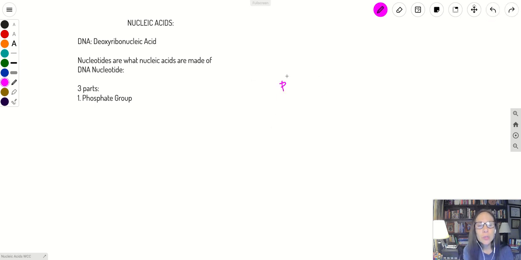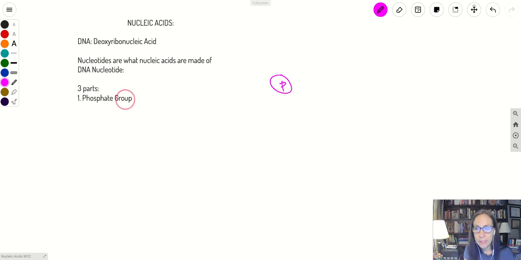But just so you know, this phosphate group has oxygens and hydrogens also. I'm not drawing them for the sake of the drawing, but there are oxygens attached. I will show you a molecular structure picture from your book in a second. So that's the first group, the phosphate group.